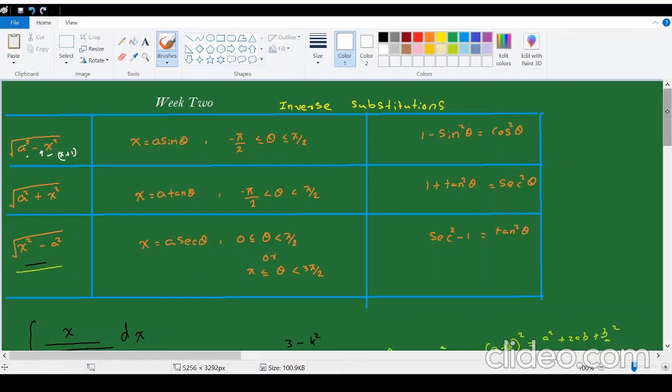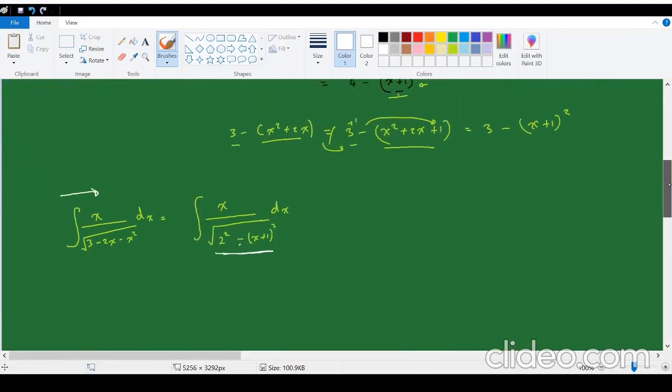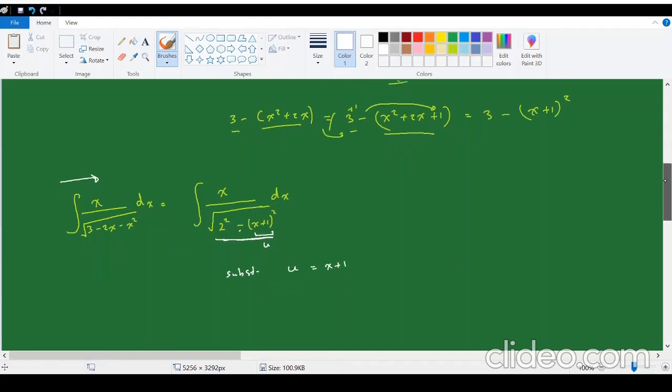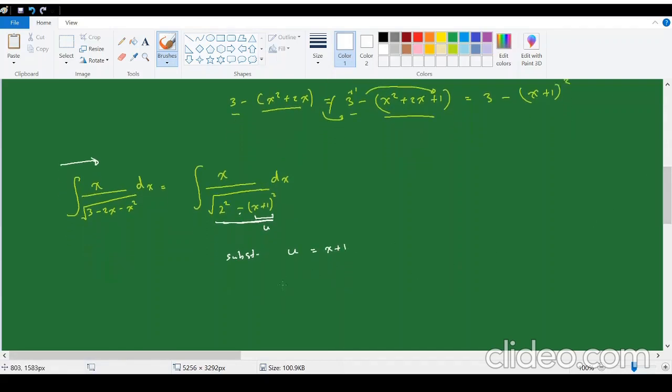Okay, so what we can do is consider this one as one full term, right? So if we substitute u as x plus 1, then we can rewrite the denominator as the square root of 2 squared minus u squared, right?